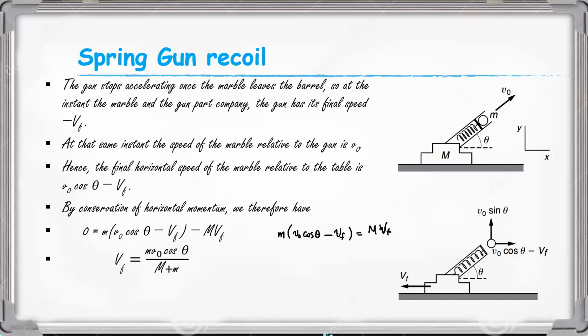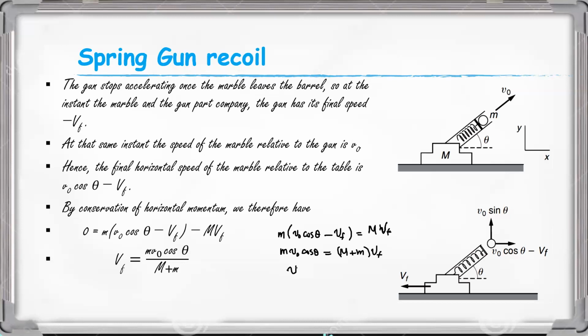We have to obtain Vf, then m V0 cos theta is equal to M plus m into Vf.